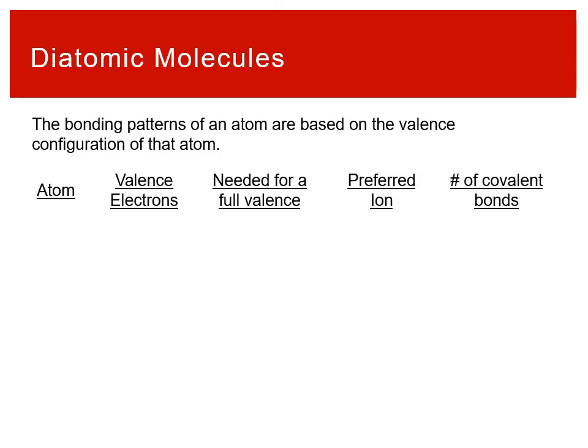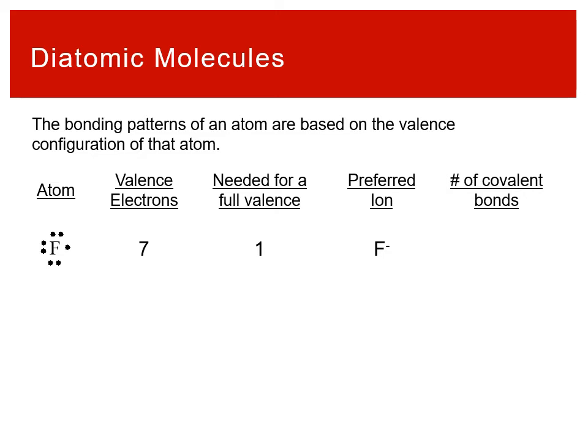All right, so if we're going to put all this together, diatomic molecules, kind of figure out what's going on here. We started with fluorine, right? And our atomic Lewis symbol has 7 valence electrons. And so we know that for a full valence, this fluorine needs 1 more electron. And so if it was going to form an ion, it formed F-, right? And that was why fluorine always forms F- based on the fact that it has 7 valence electrons.